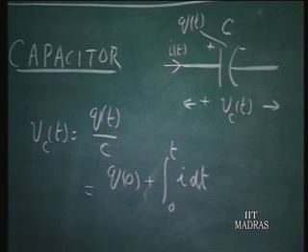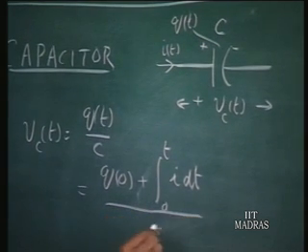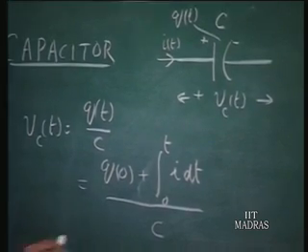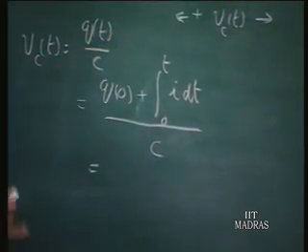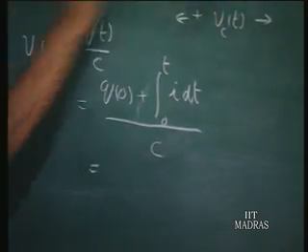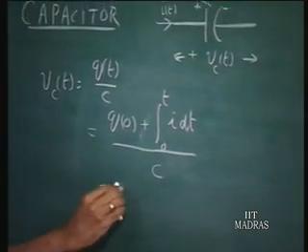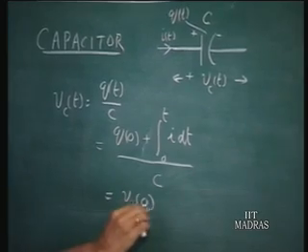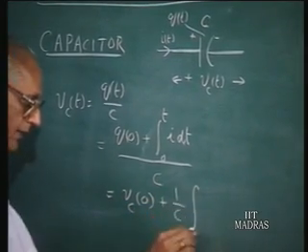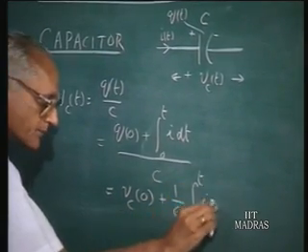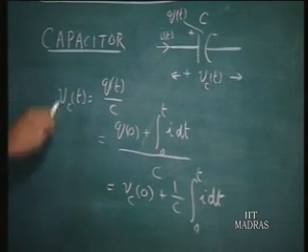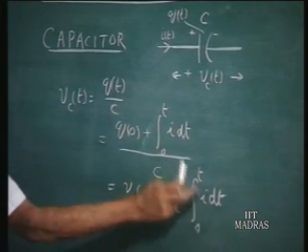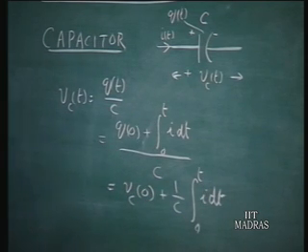This is the total charge Q of t divided by C. Now Q0 over C is the initial voltage across the capacitor, because that is the initial charge divided by the capacitor parameter C. Therefore, I can write this as Vc0 plus 1 over C integral 0 to t of I dt. So in time domain, we have the capacitor voltage Vc of t as Vc0 plus 1 over C integral 0 to t of I dt. This is the fundamental equation.